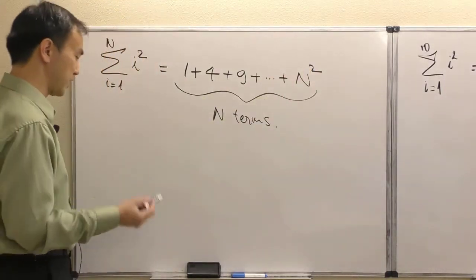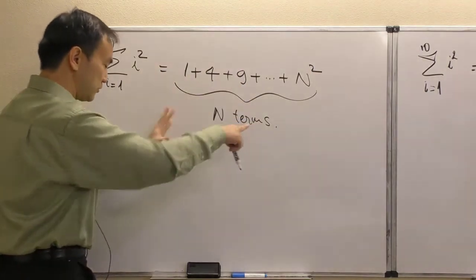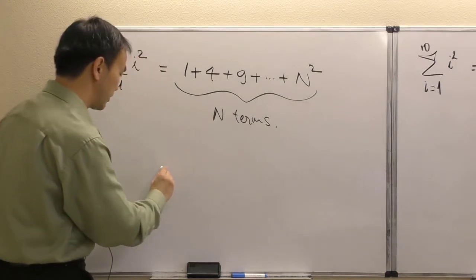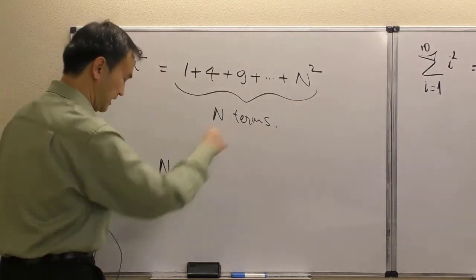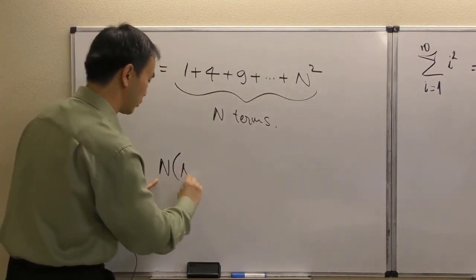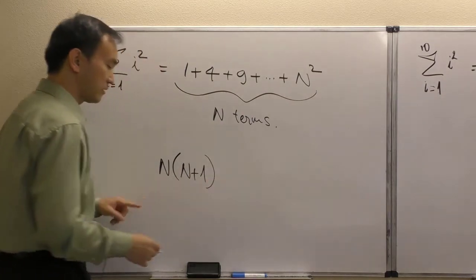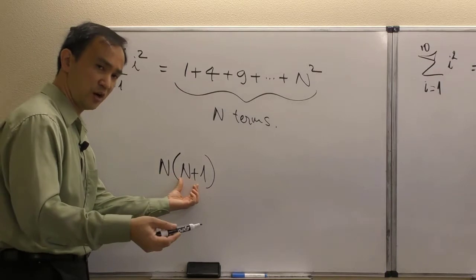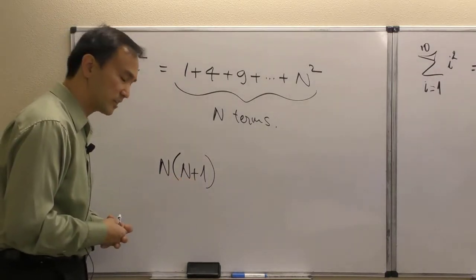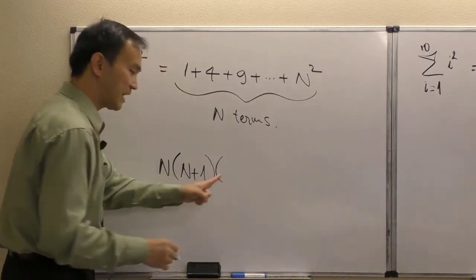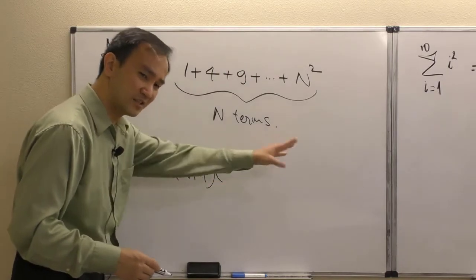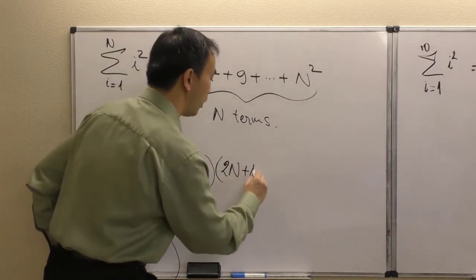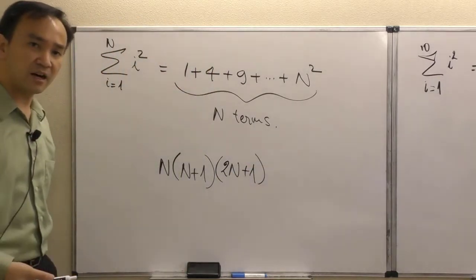But here's the quick way to add all of this without summing up all the terms: for n terms, I'm going to multiply n with n plus 1. That's why it was 10 times 11, as you saw on my other board earlier. And the reason I had a 21 as the next factor was because it was 2n plus 1. That's how I got that 21.